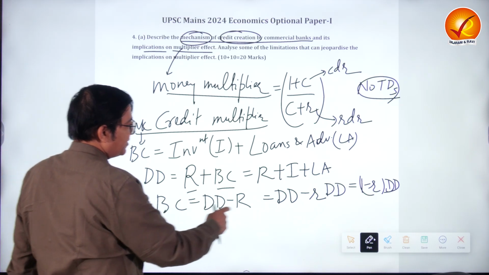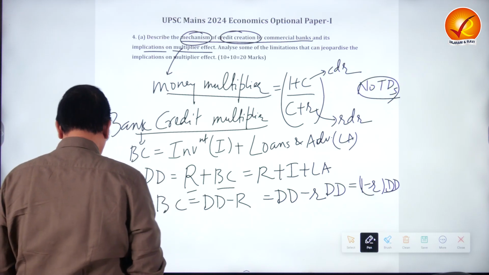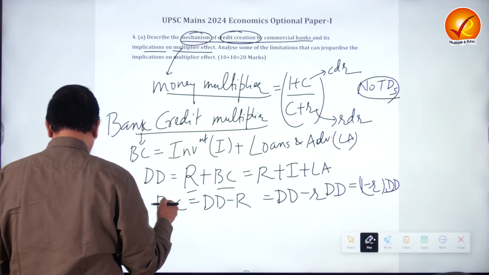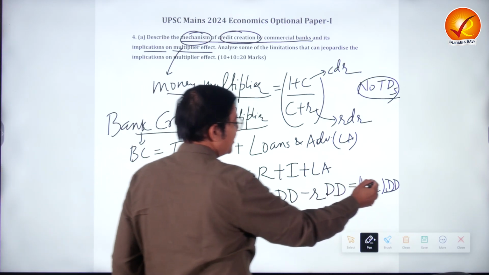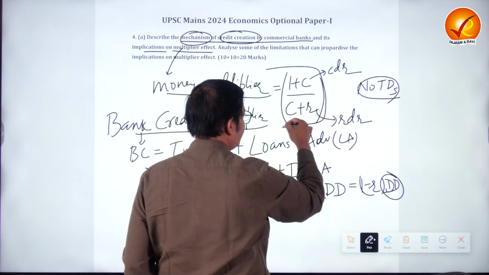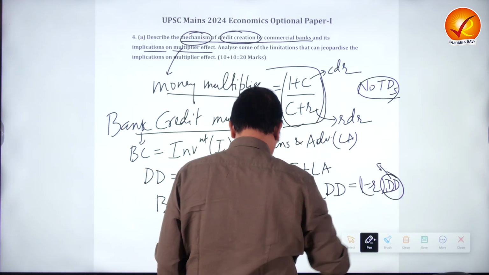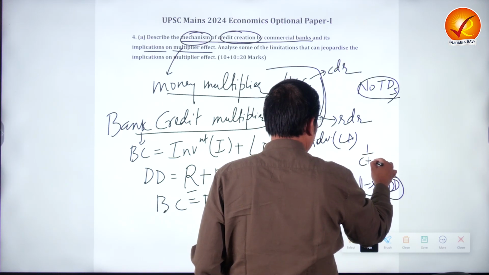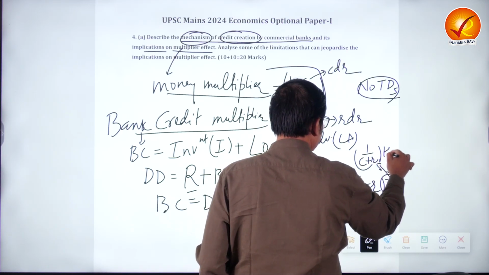If bank credit is equal to 1 minus r into DD, then you can say the BC multiplier will be, and let's also recollect that while determining this money multiplier, you will also get a relationship for DD, which is 1 upon C plus R into H.